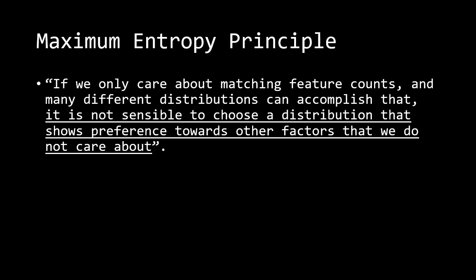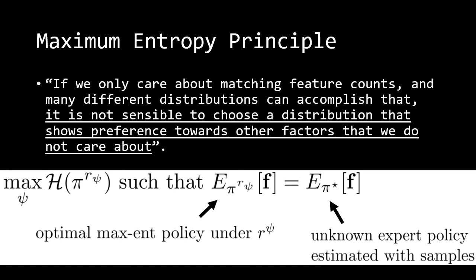So the max entropy principle states that if we only care about matching the feature counts, and many different distributions can accomplish that, it's not sensible to choose a distribution that shows preference towards other factors that we do not care about. That's the point. So the new formulation is the following.